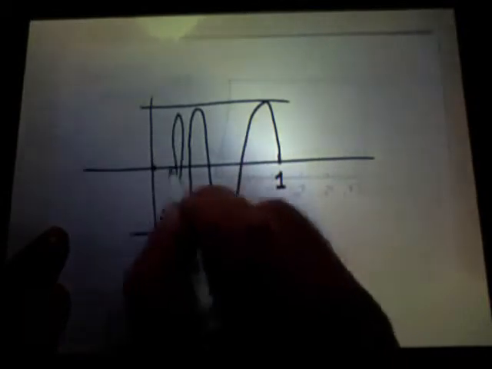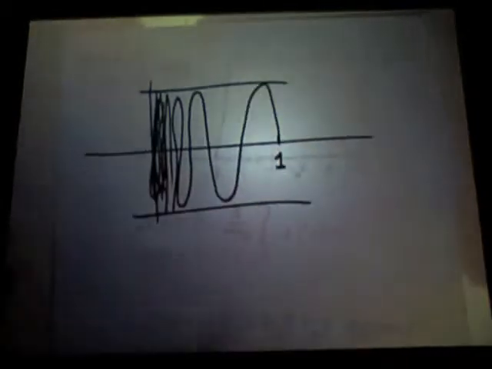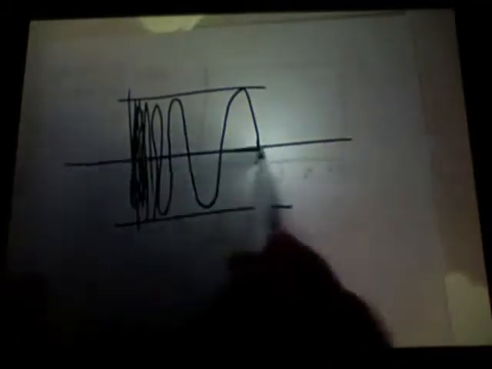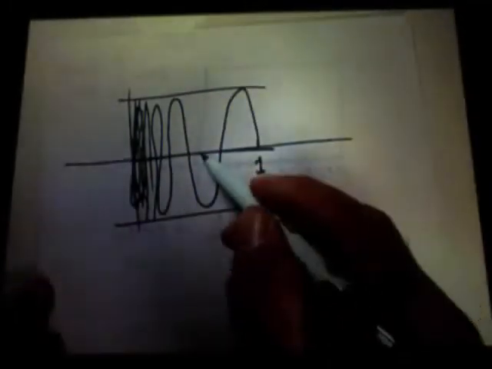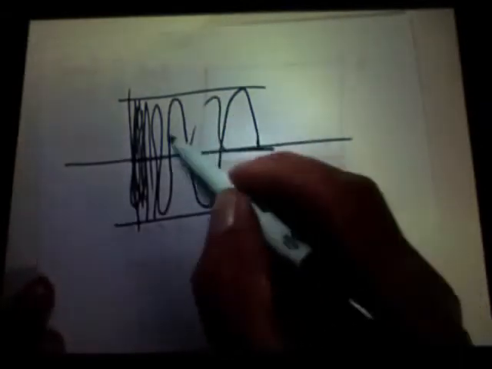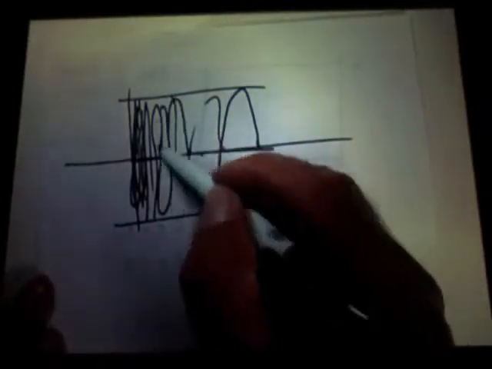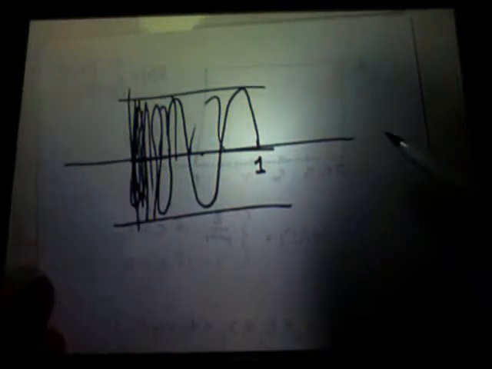If I took the absolute value of sine 1 over x, then it would be positive. These lobes would all be pushed up, right? That thing has an area. You're not going to integrate that with Darboux or Riemann, right?